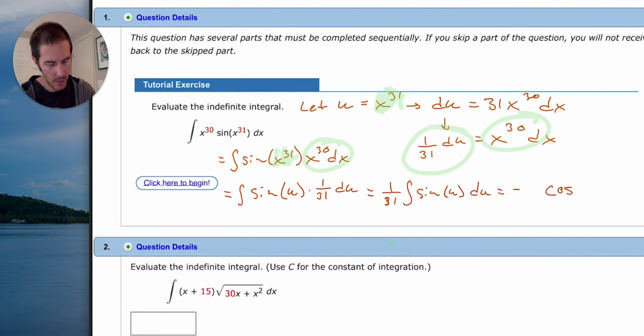There's the cosine u. And don't forget your multiple of 1 over 31 that was outside of the integral. We've integrated, so now we should put our plus c as our constant value, and our last step is to back substitute and replace u with what it is.